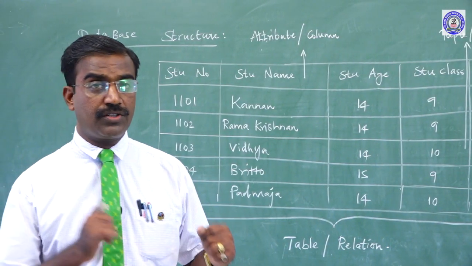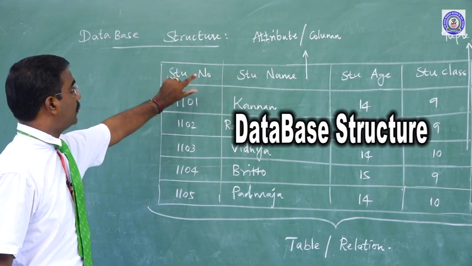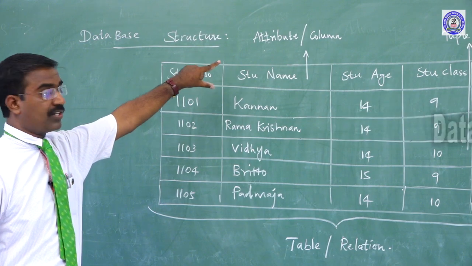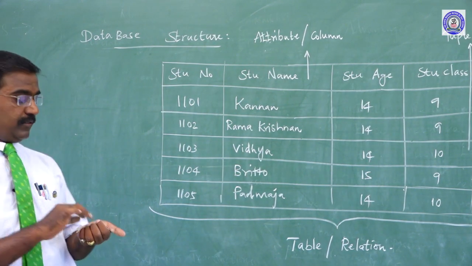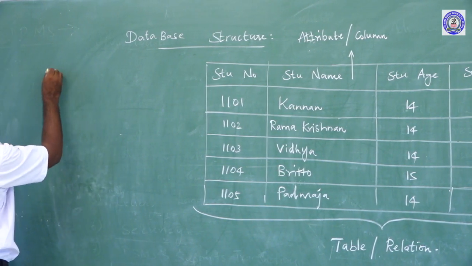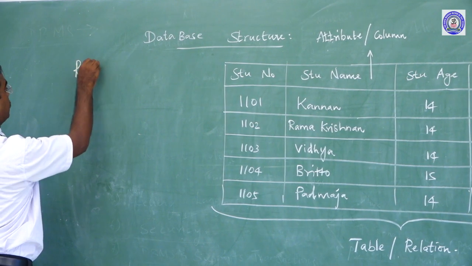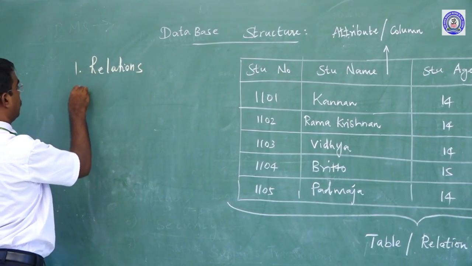Now dear children, now can I say about database structure. In this database structure, 3 things are very important. What are the 3 things? Number 1 is relations. This is point number 1, relations.